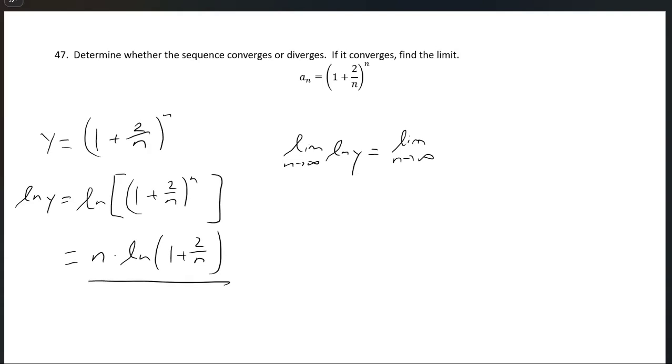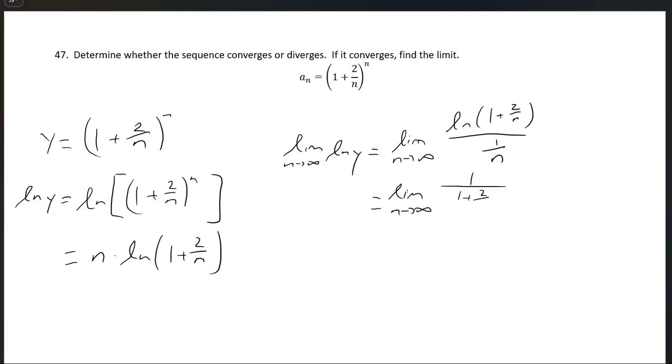But as n approaches infinity, this is 0 times infinity, so let's rewrite it as ln of 1 plus 2 over n over 1 over n. Now this is 0 over 0. We can use L'Hopital's rule. All right, so on the top we would get 1 over 1 plus 2 over n, and then we need to differentiate the inside of the log, which is minus 2 over n squared.